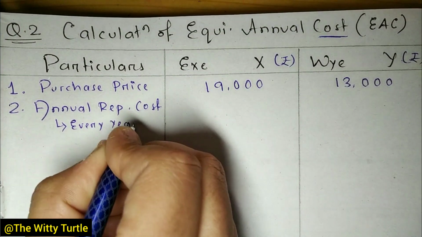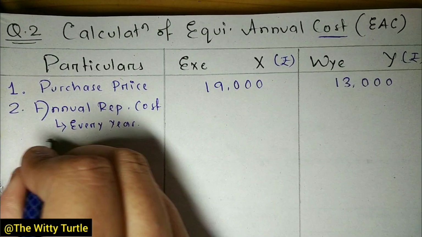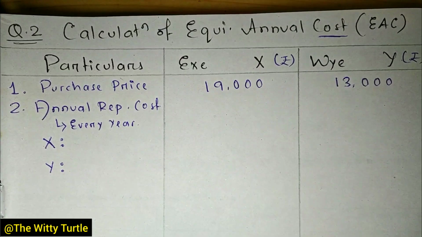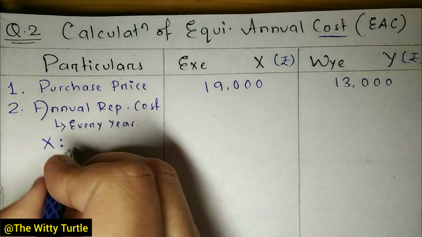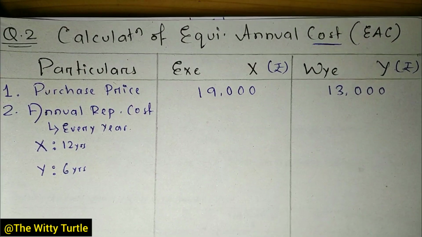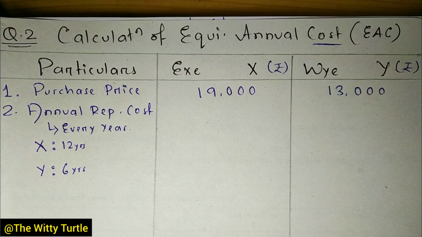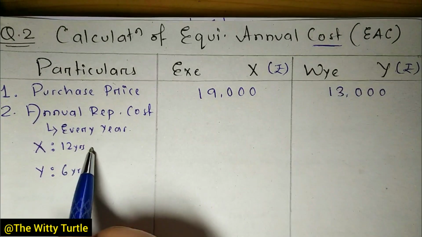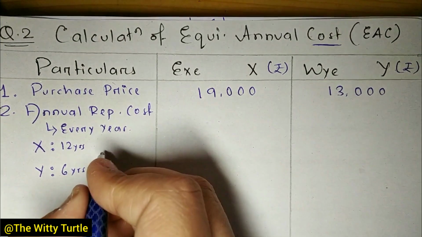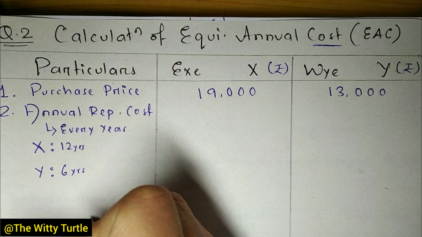Every year this will be incurred, for machine X this much and for machine Y this much. So if it is happening every year, then 12 years and 6 years, every year. As this cost is getting incurred every year, we have to calculate the present value of the 2,000 rupees being spent up to the end of 12 years, right? For that we have to calculate CPVF, right? CPVF.